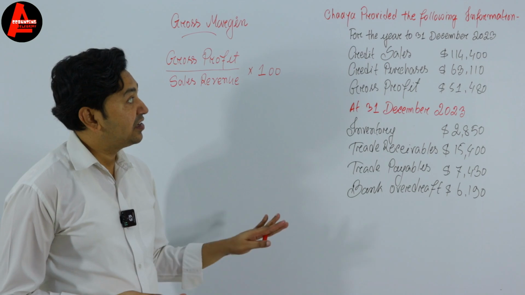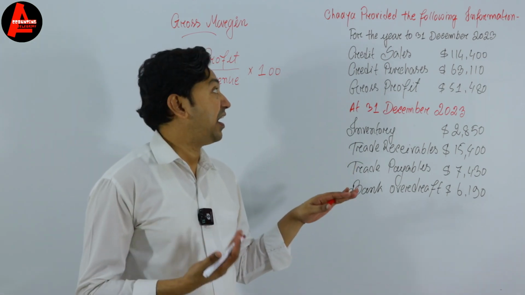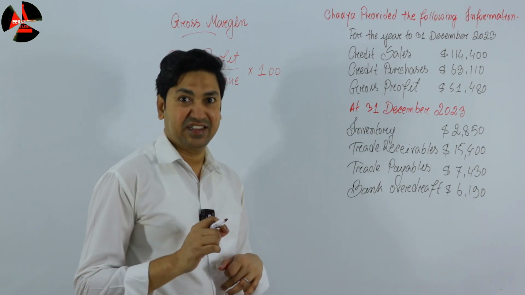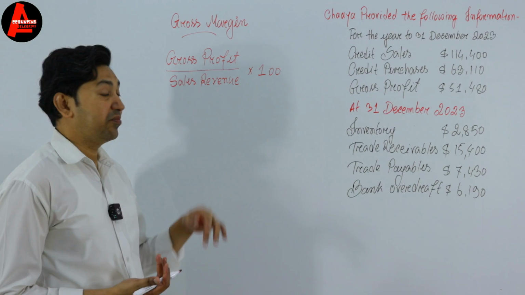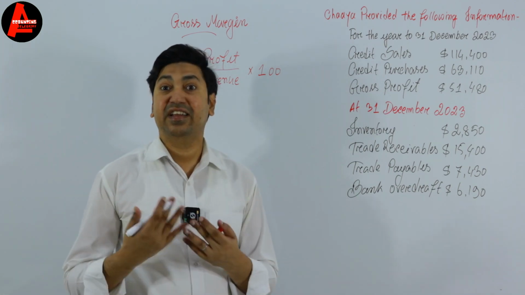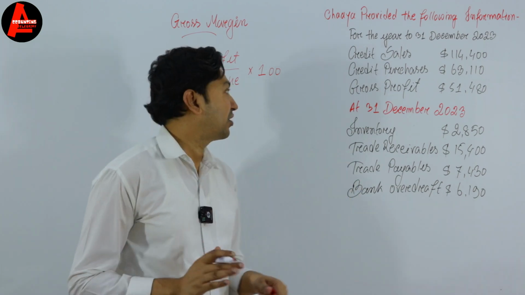Here in this question we only have credit sales. Later you might have cash sales as well, so don't skip cash sales. To calculate sales revenue we need to add up credit sales and cash sales. Here we don't have cash sales, so we don't have to think about that now.